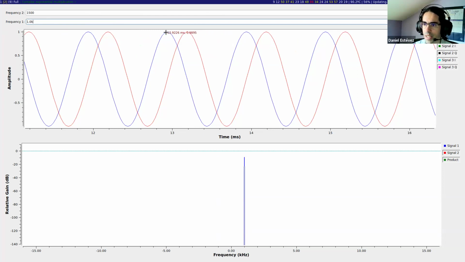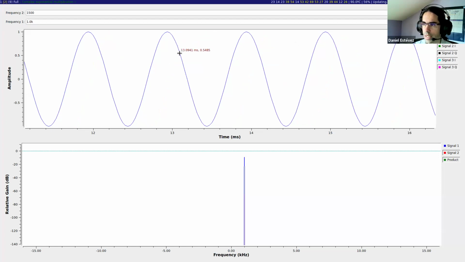And having a real part and imaginary part, which are always 90 degrees out of phase, is what allows us to distinguish negative and positive frequencies. If I have only one real signal, such as the cosine, I cannot distinguish positive and negative frequencies. This looks the same.